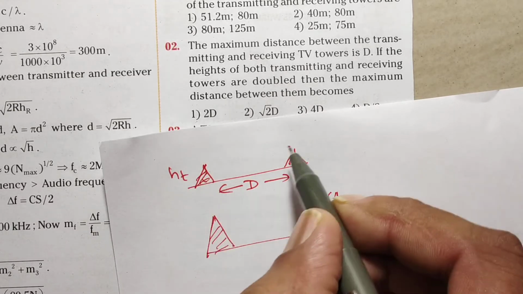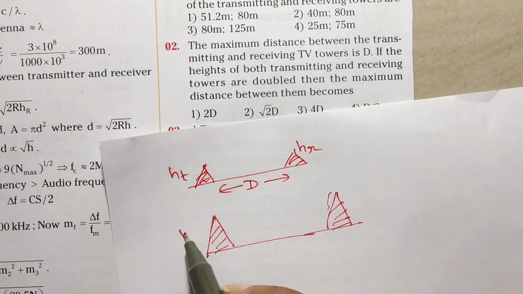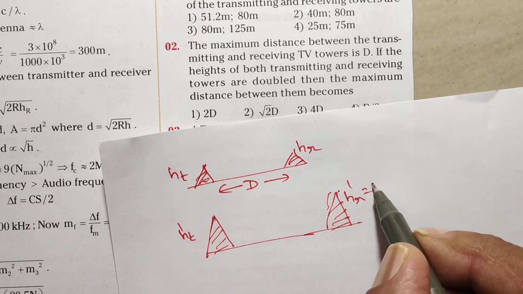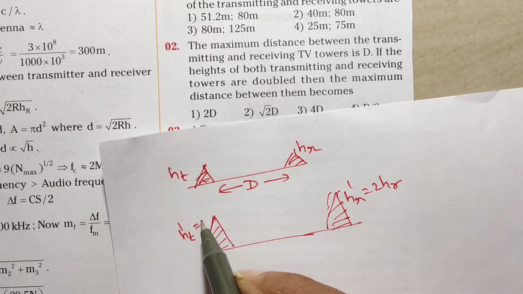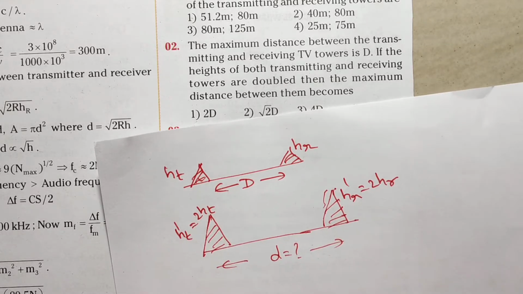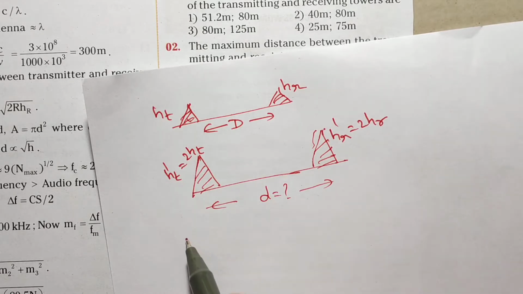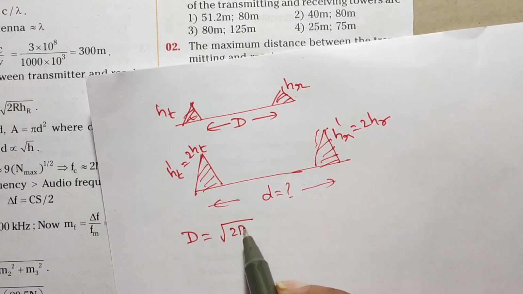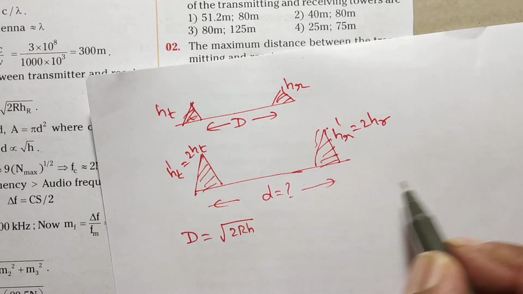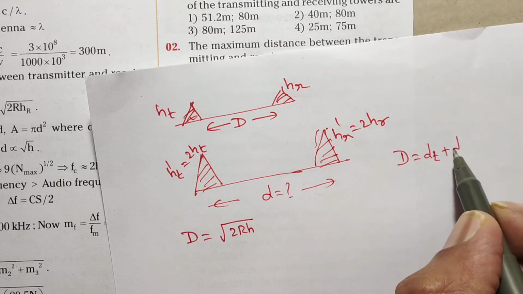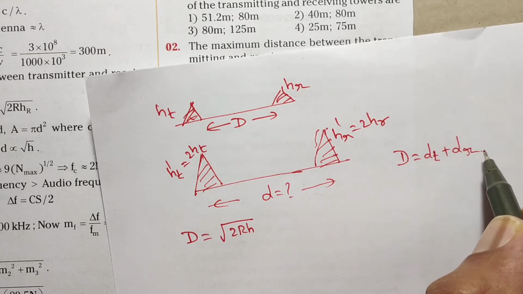Let us consider this is HT and HR. Now HT dash and HR dash: HR dash equals 2HR, HT dash equals 2HT. This distance we have to find. Capital D equals square root of 2r HT plus square root of 2r HR, the distance due to the transmitting antenna plus the distance due to the receiving antenna.